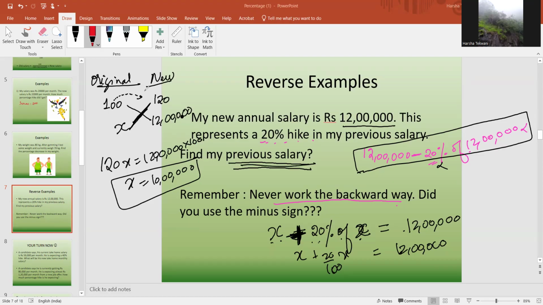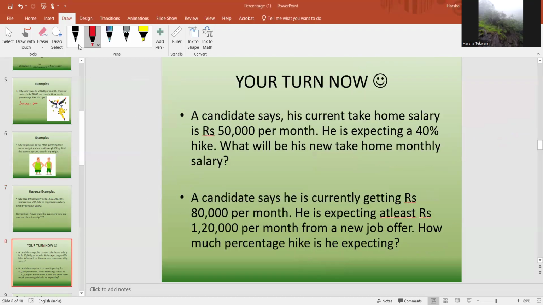Find my previous salary, so let it be 100. Now on 100, if anybody gives you a 20% hike, obviously it's 120 rupees, isn't it? Original versus new. But the real new salary is 12 lakh. What is the real original value? And that's about it.